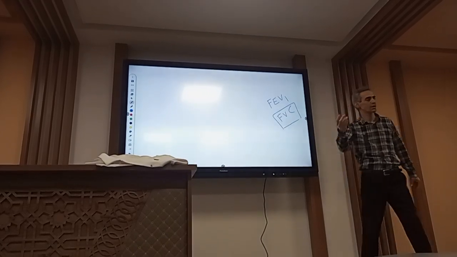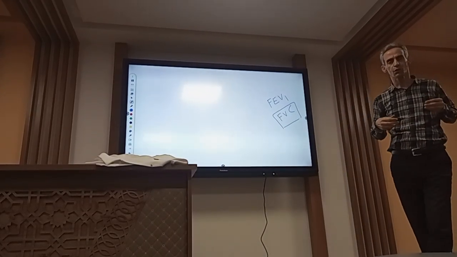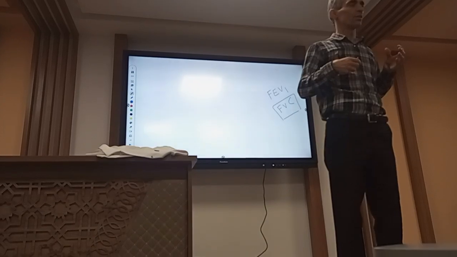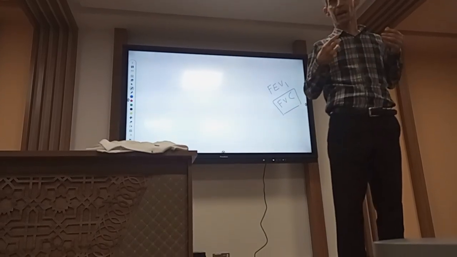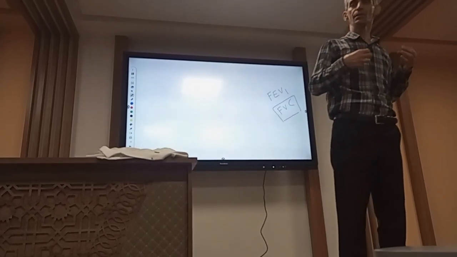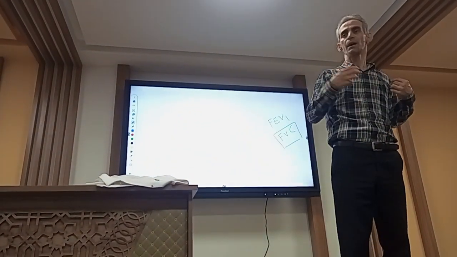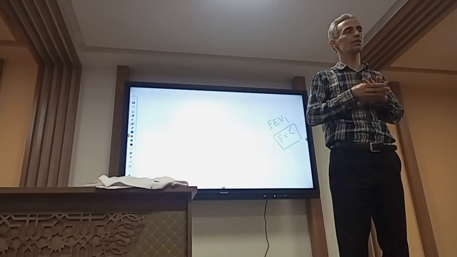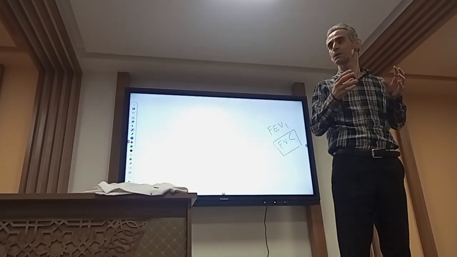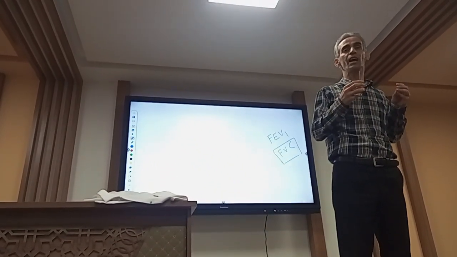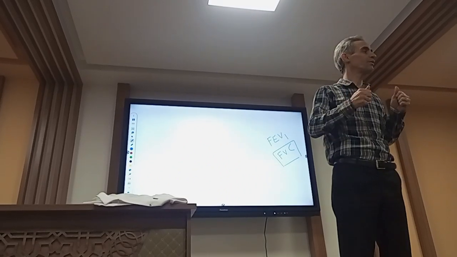FVC is the same as vital capacity, but for vital capacity, we said that we have a deep and forceful exhalation after a deep and forceful inhalation. In addition to deep and forceful, you should have a very high speed.